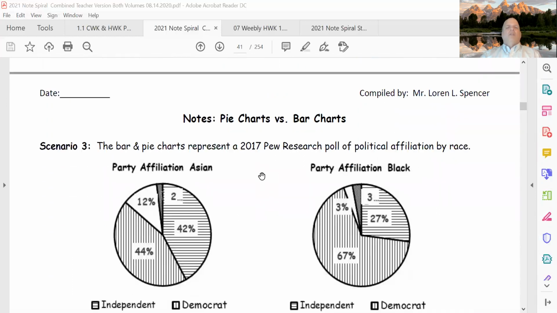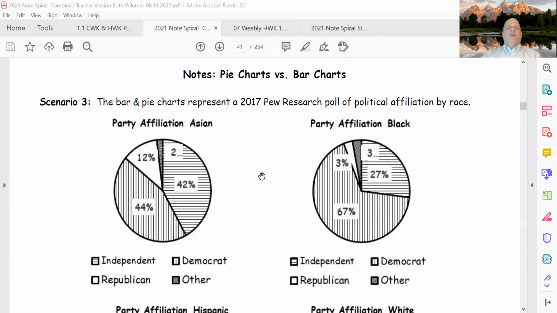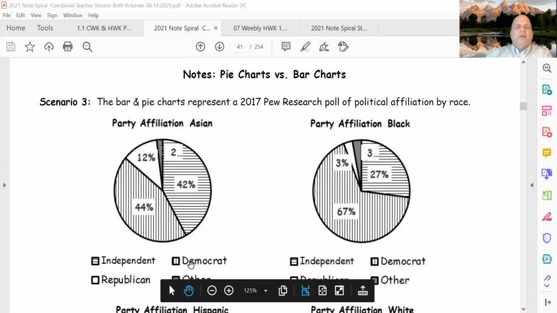All right, so just gonna look at a pie chart and compare it to a bar chart. In this case, a pie chart represents a 2017 Pew Research poll of political affiliation by race, all right? And we say, okay, we have this 2% of the Asian population are other. We see that 44% of the Asian population is Democrat, 42% are independent, and 12% are Republican.